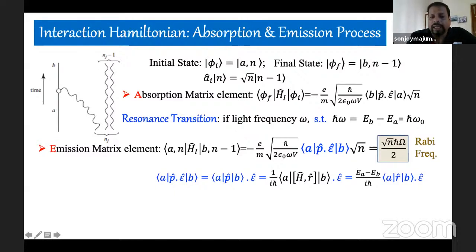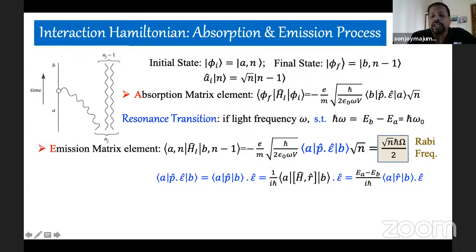Then we can use Heisenberg's equation: p can be written as m dx/dt, with the ħ. With the Heisenberg equation, dr/dt gives 1 over iħ times the commutator of H and r. This H is the Hamiltonian for the atom, and these states are eigenstates of this Hamiltonian.